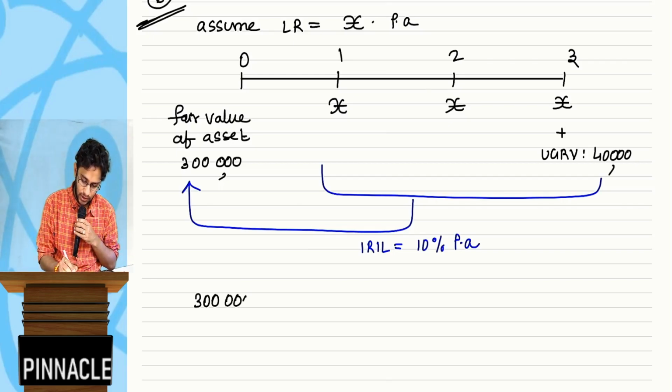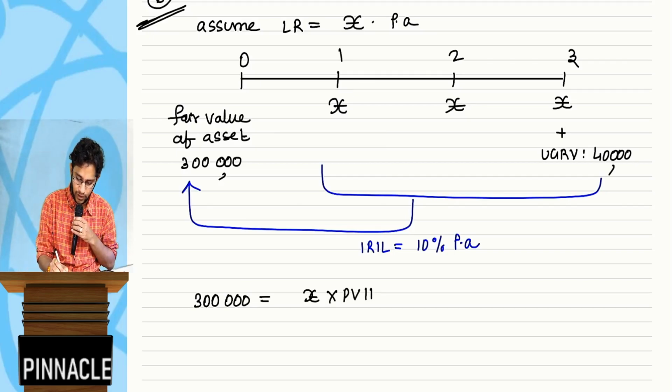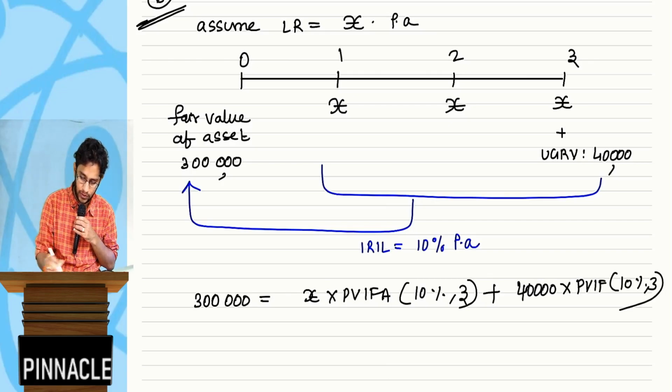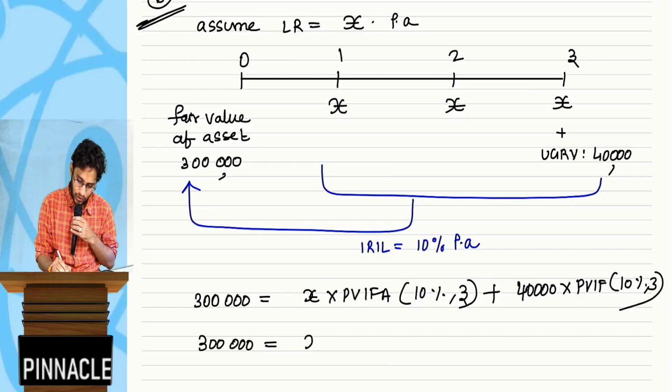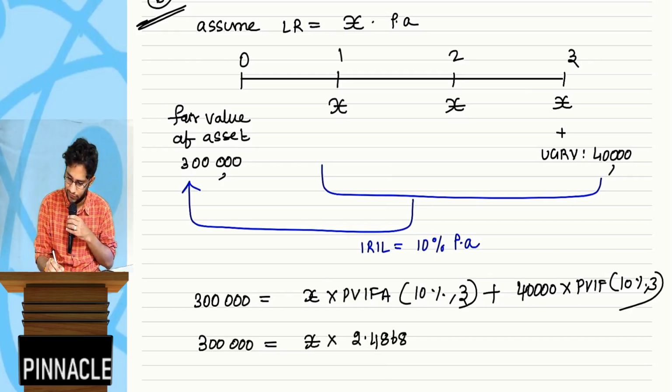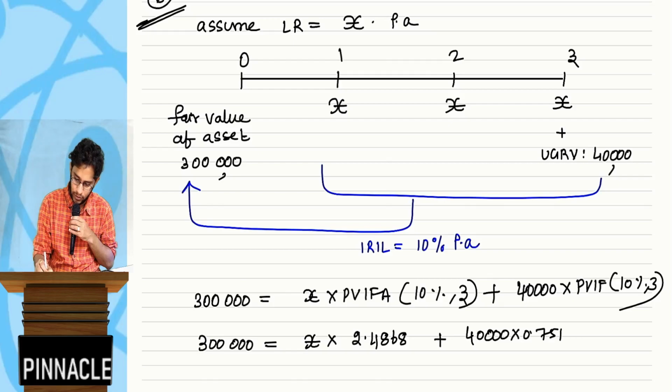So I will write it as 3 lakhs is equal to X into PVIFA 10% up to 3 years plus 40,000 into PVIF 10% third period. 3 lakhs is equal to X into 2.4868, that much only he gave, plus 40,000 into 0.7513.